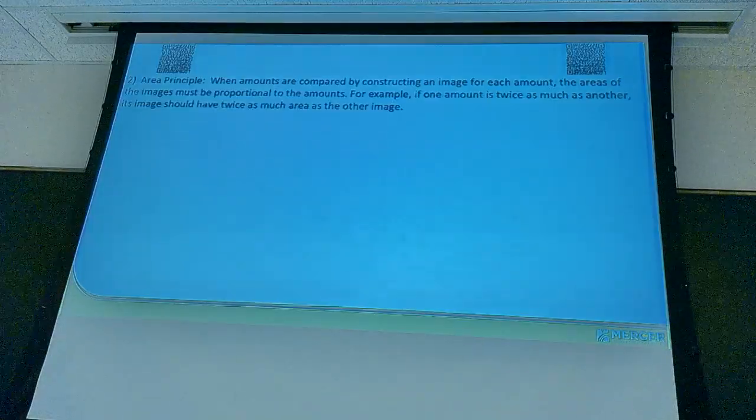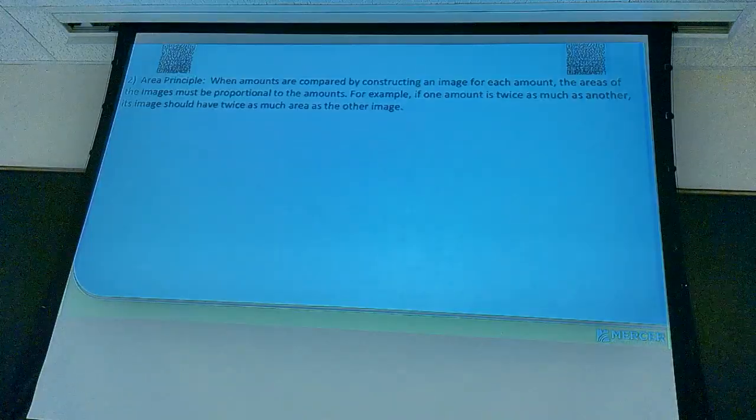Easiest demonstration, think of a rectangle. What's the area of a rectangle? What happens if you double both length and width? What happens to the area?